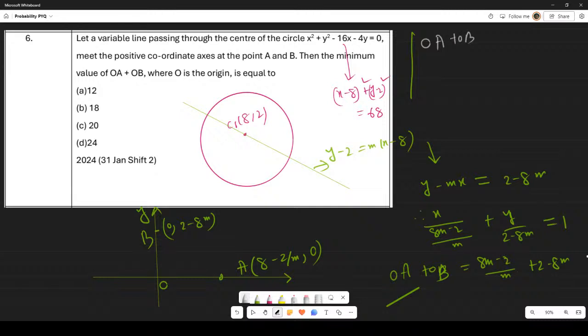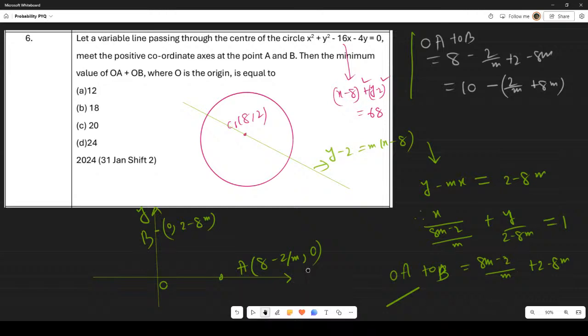OA plus OB is 8 minus 2 by m, yeah, this thing. But to find the minimum value, whether you take 1, m, half, whatever, the logic is very simple.